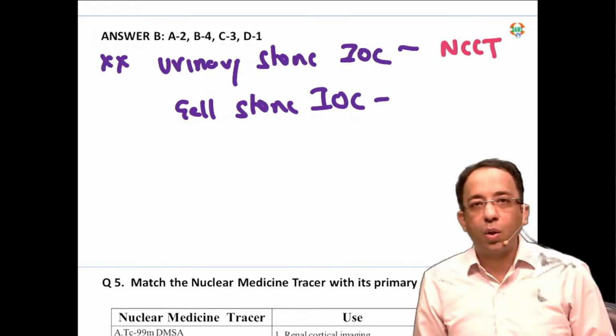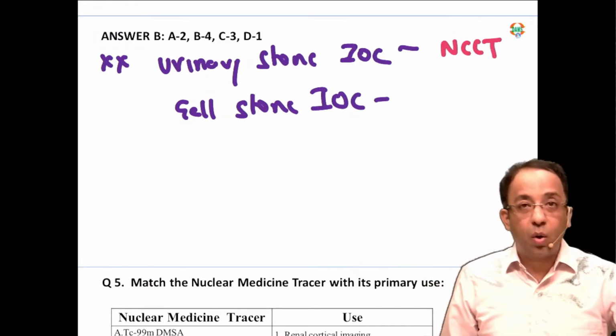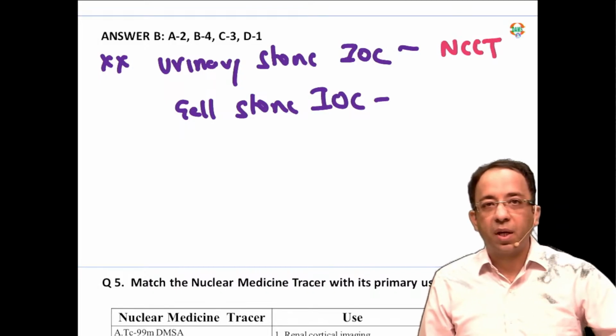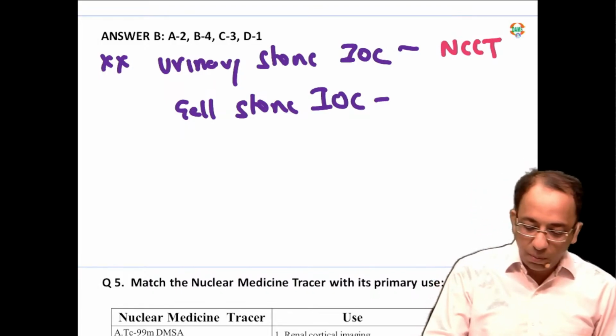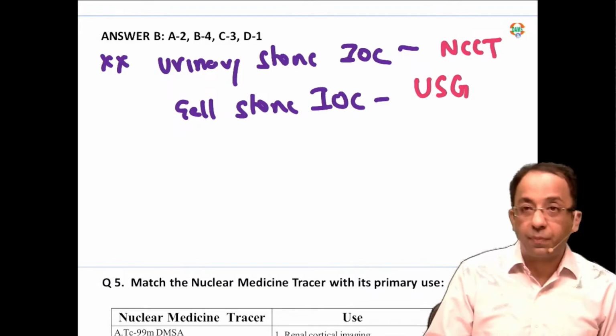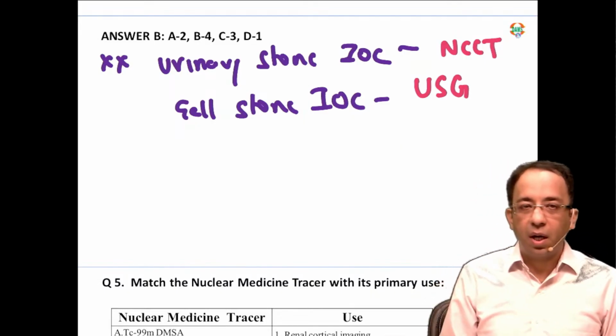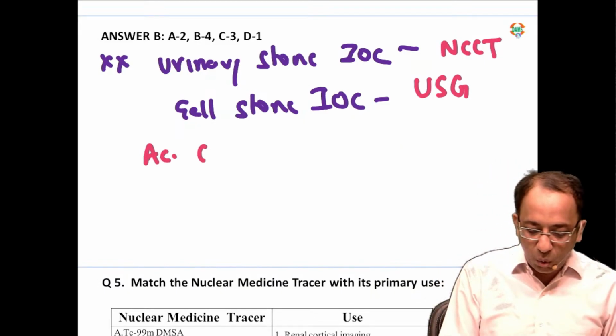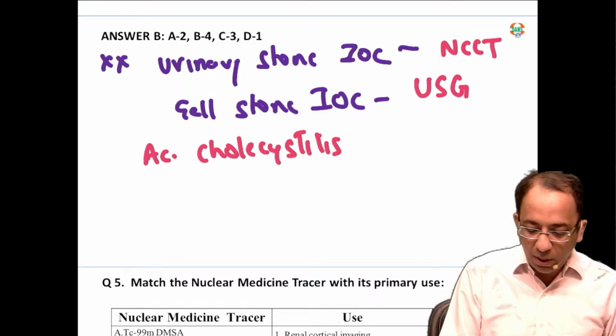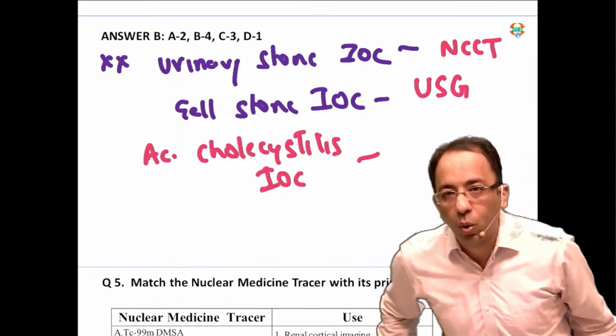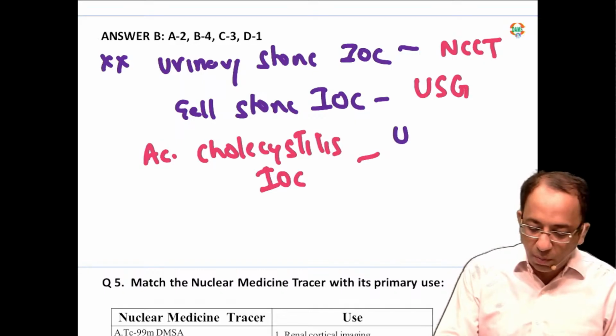But if they say gallstone, then the answer will be ultrasound. If they say acute cholecystitis, what will be the investigation of choice? The investigation of choice will be ultrasound.